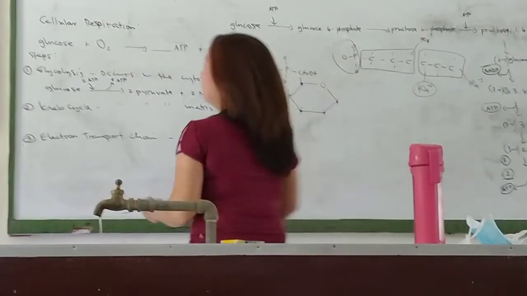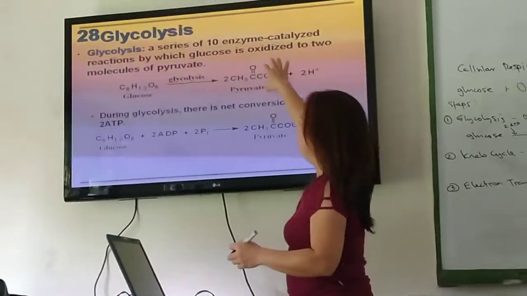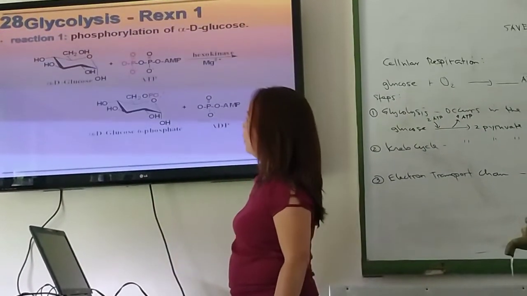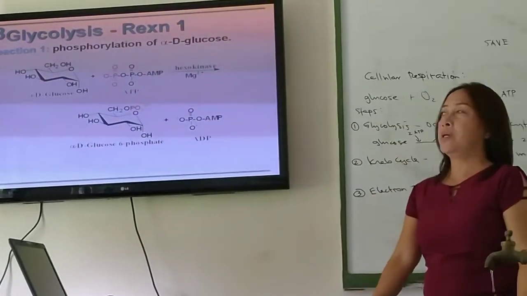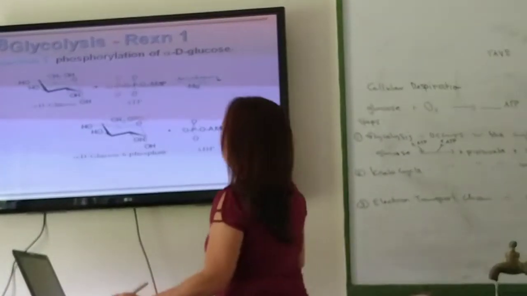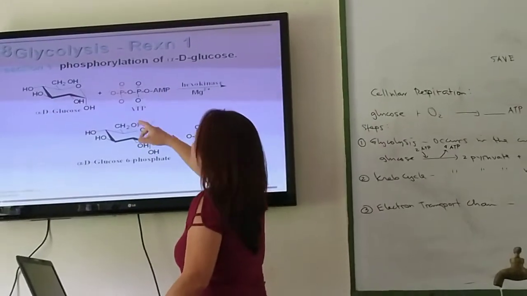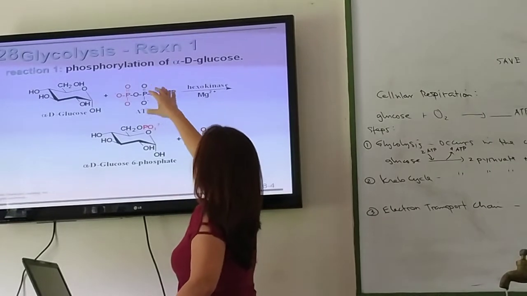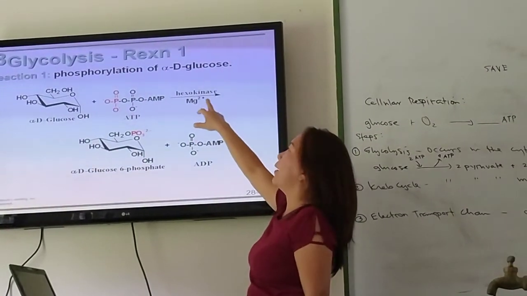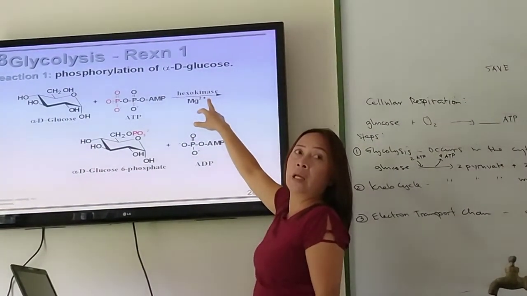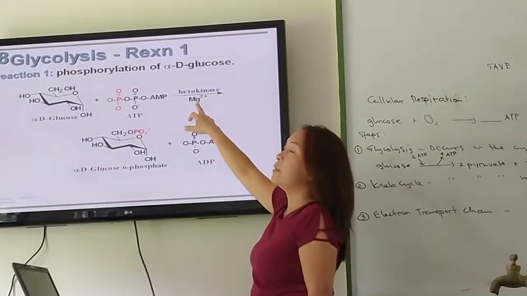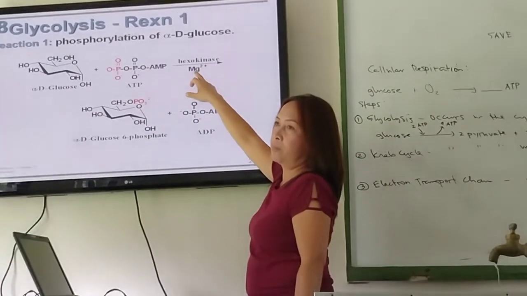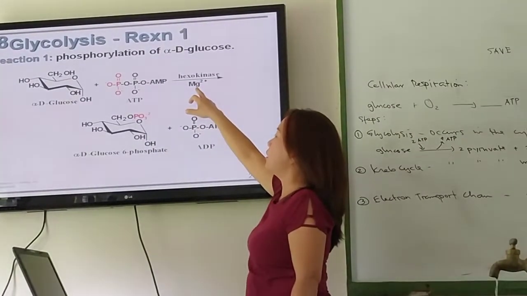Now you have here, this is the overall. Okay, that is reaction 1. In reaction 1, there is phosphorylation of this alpha-D-glucose.